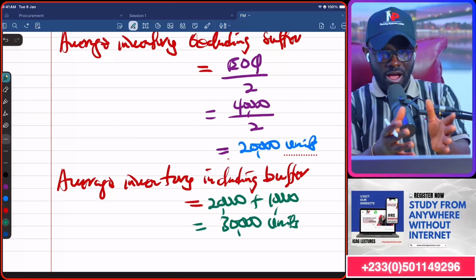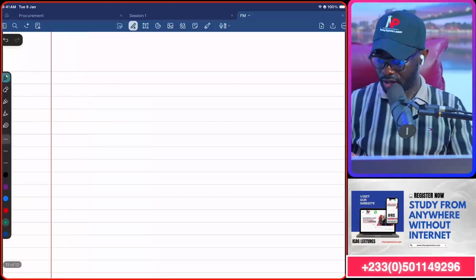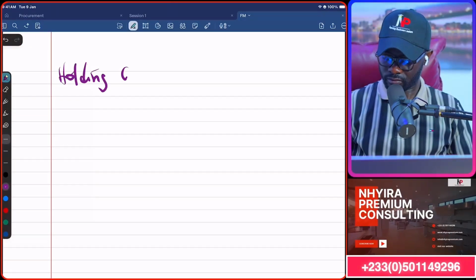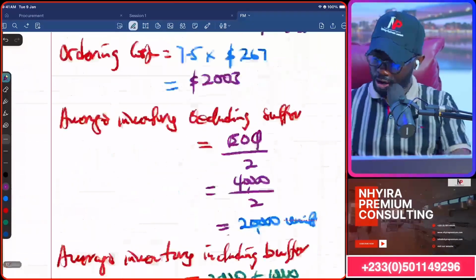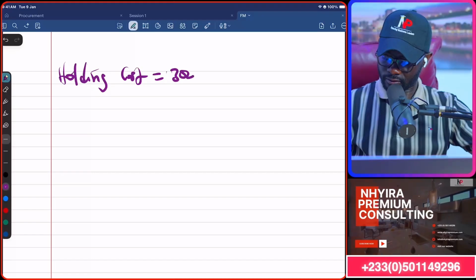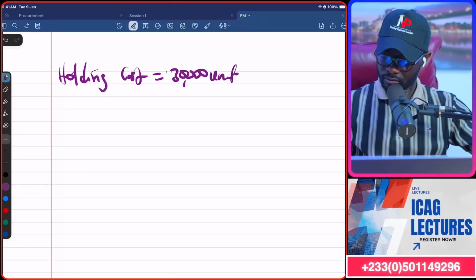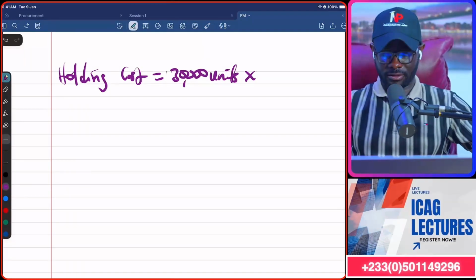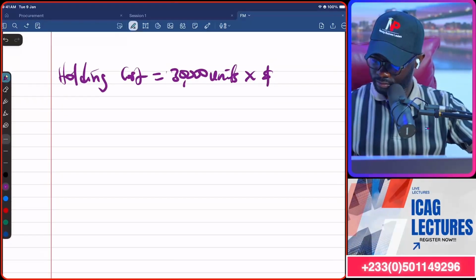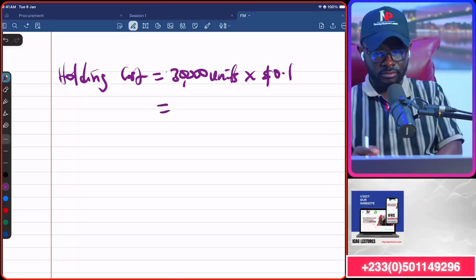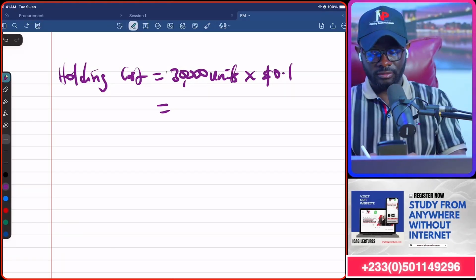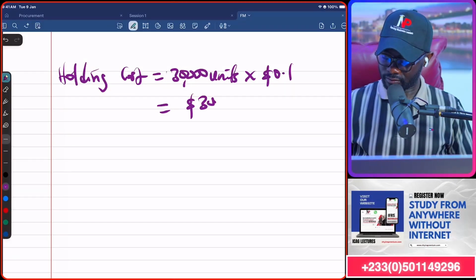So since we now have this, we can now calculate the holding cost. So the holding cost is going to be 30,000 units multiplied by the cost per holding, 0.1. So 30,000 times 0.1, that's 3,000.